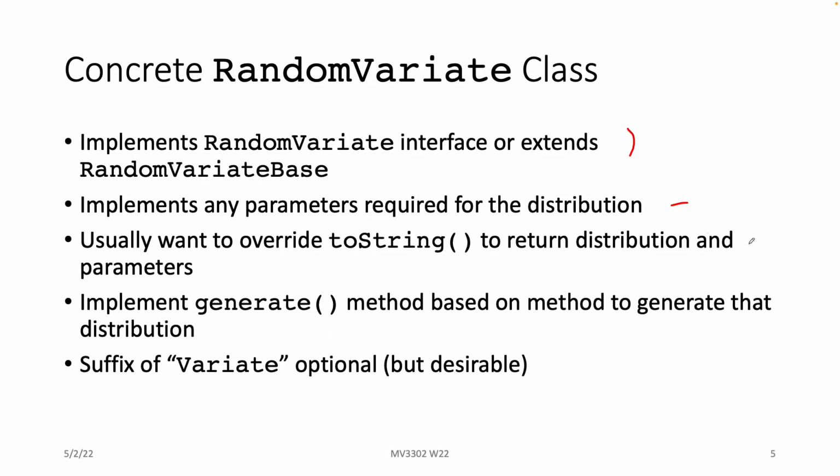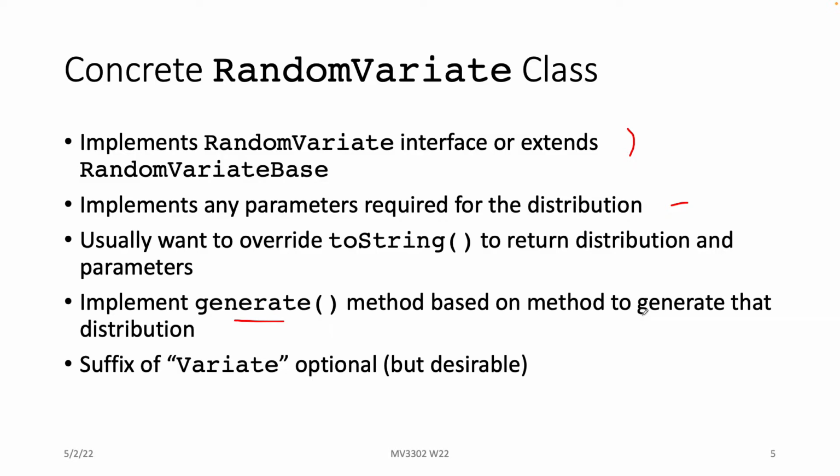We usually want to override toString, just to make sure that we're passing the right parameters, and so the key is the generate method. Whatever method we're using to generate that random variable, that's where we implement it, in the generate method.